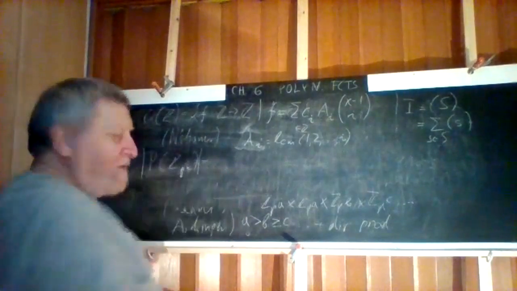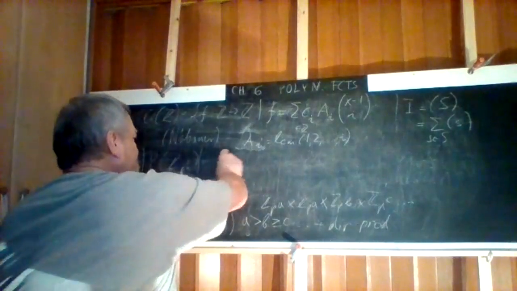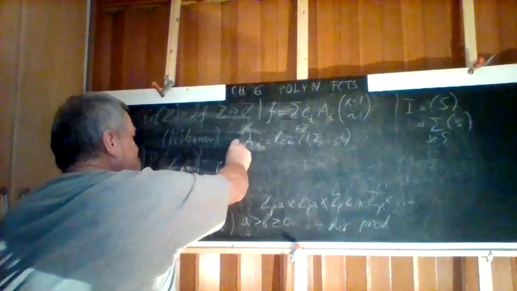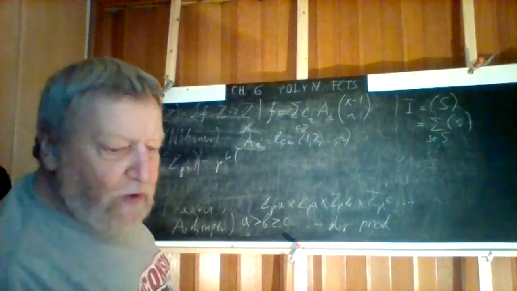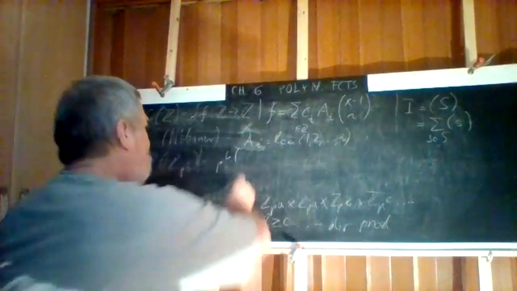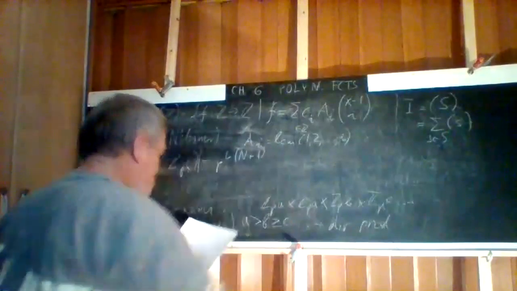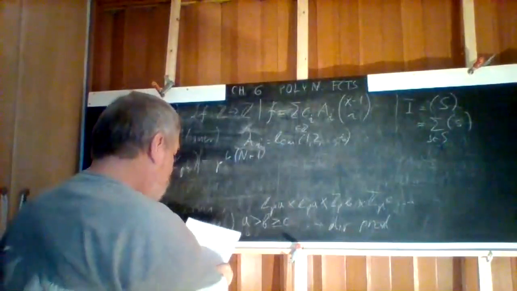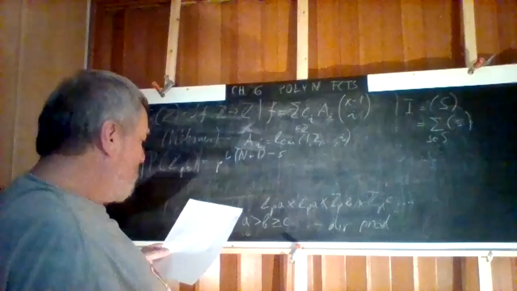The number is given by p to the k times (N minus n plus 1) minus s. And I have to explain this.